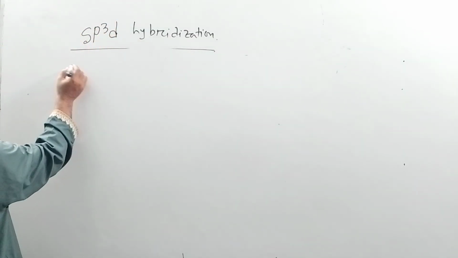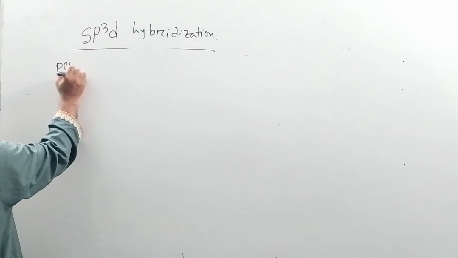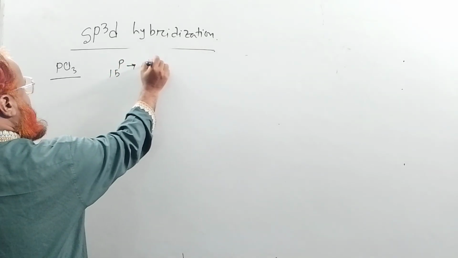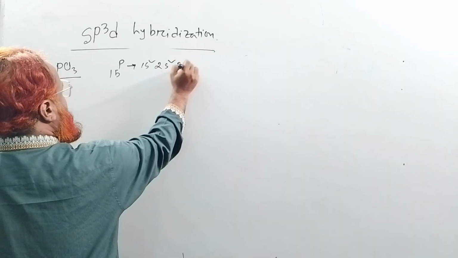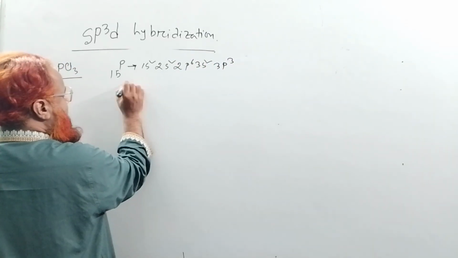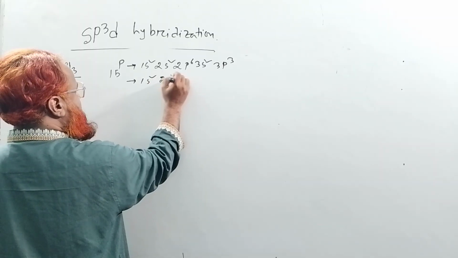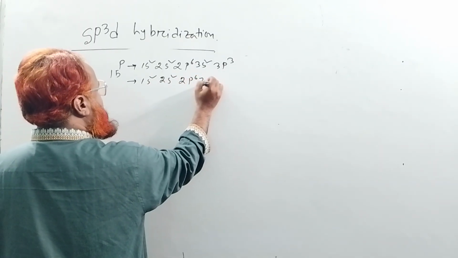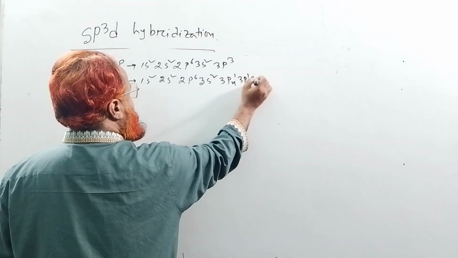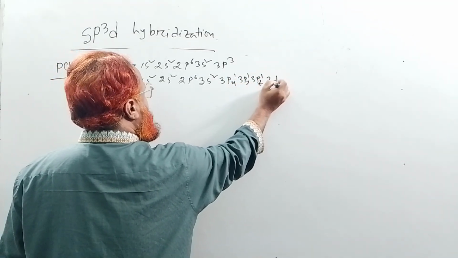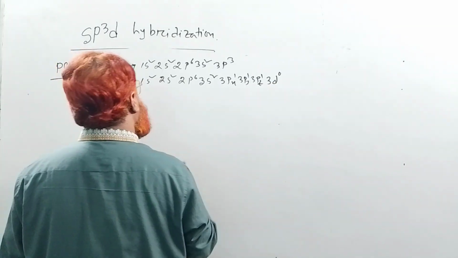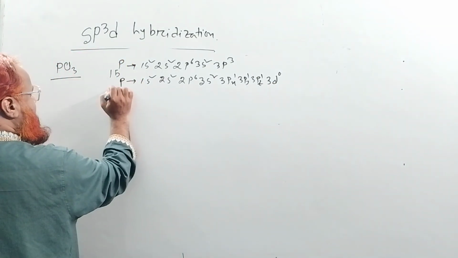Now let us talk about the example. PCl5. PCl5, you know, phosphorus 15: 1s2, 2s2, 2p6, 3s2, 3p3. So 1s2, 2s2, 2p6, 3s2, 3px1, 3py1, 3pz1 and 3d is 0. 3d is 0 at the normal state.